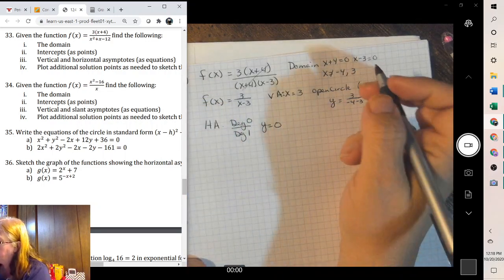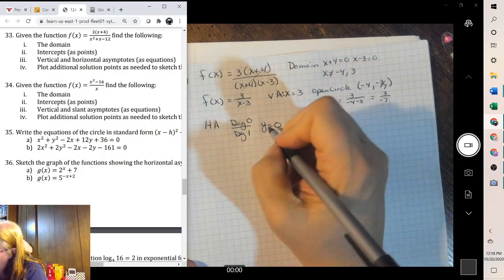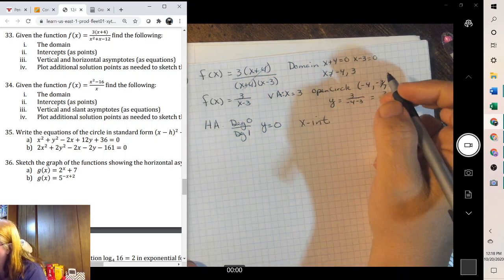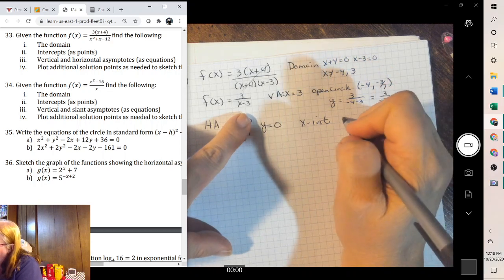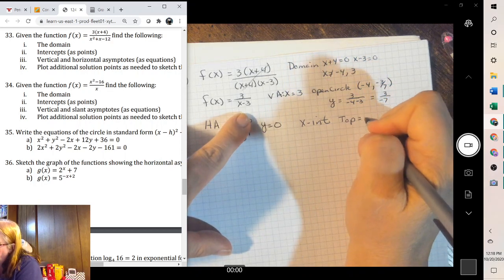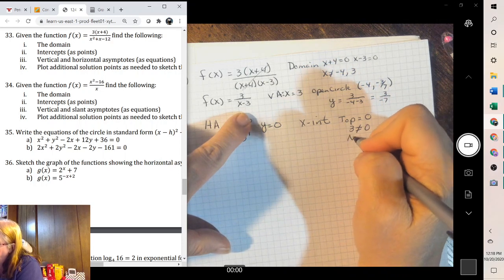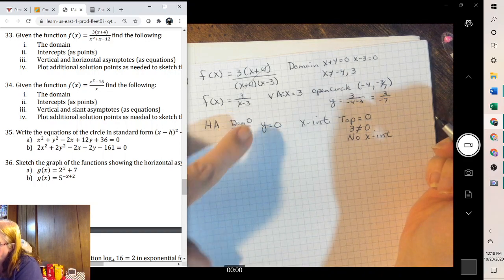To find if it crosses the X and Y axis, our X-intercept, we set the top equal to 0. 3 cannot equal 0. No X-intercept.